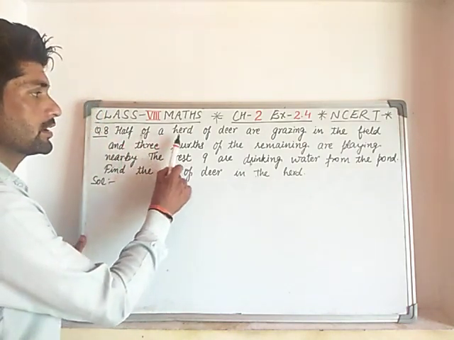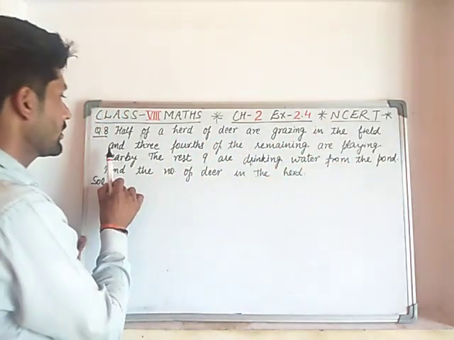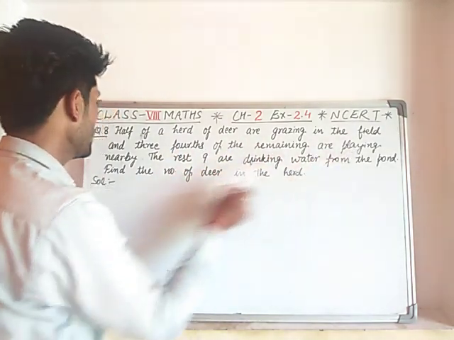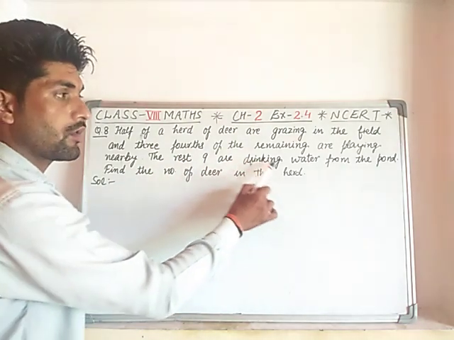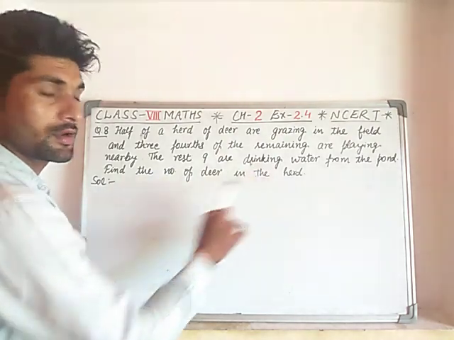Half of a herd of deer are grazing in the field and 3/4 of the remaining are playing nearby. The rest 9 are drinking water from the pond. Find the number of deer in the herd.